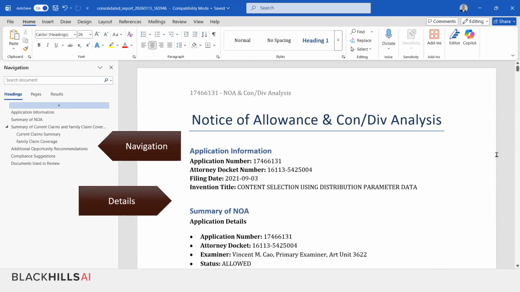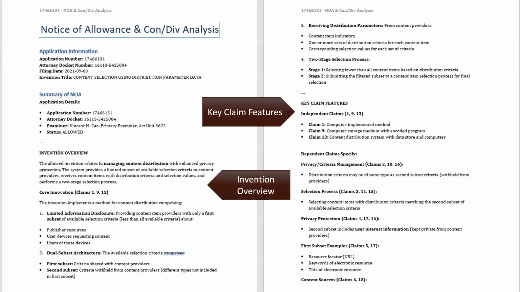And then we get some of the overview of the notice of allowance itself. As we scroll down into this document, we'll see an overview of the invention and the key features of the claims. So it's a good way to get caught back up on what it is, with specificity, that's being protected.